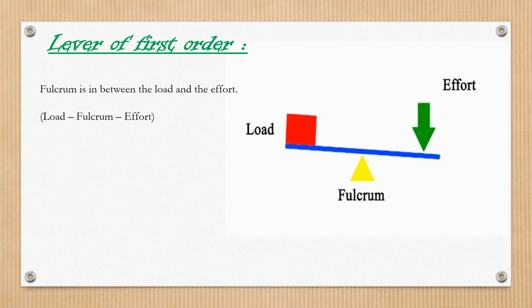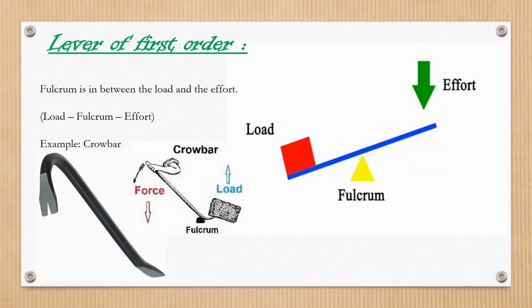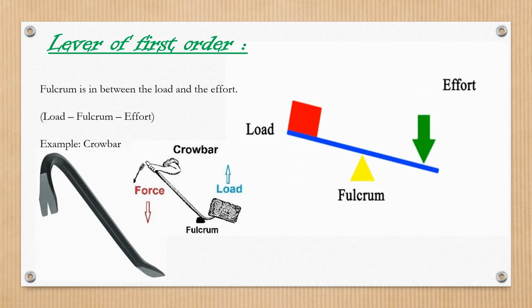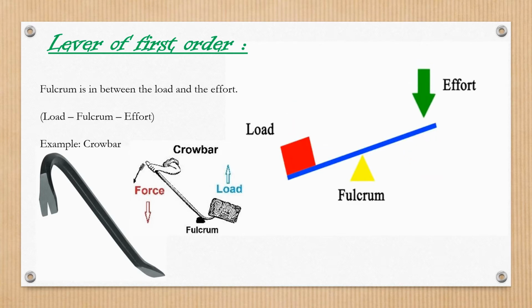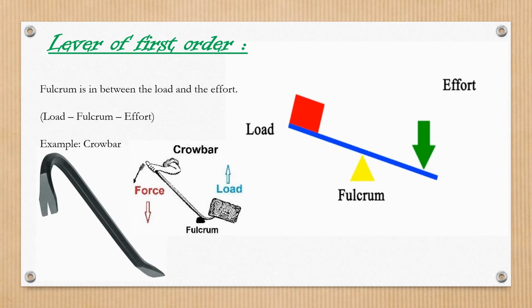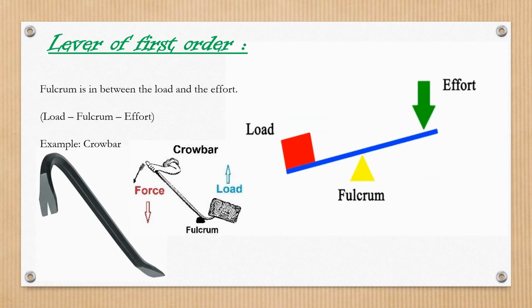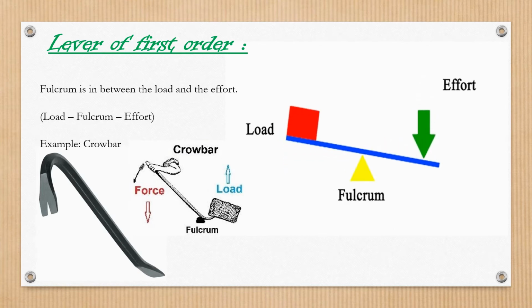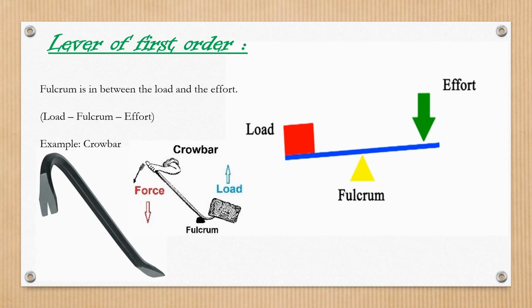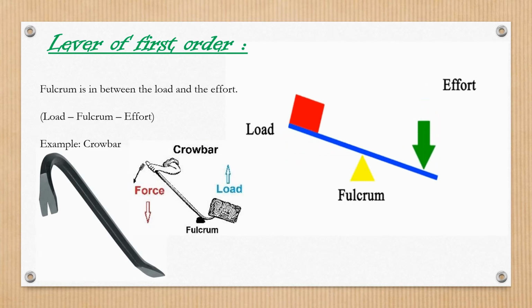For example, crowbar, our hand pushing an object, or seesaw. Then using scissors represent the use of first order lever. A wheel and axle is also an example of first order lever. Then pulling a nail out of a wooden plank also represent first order lever.